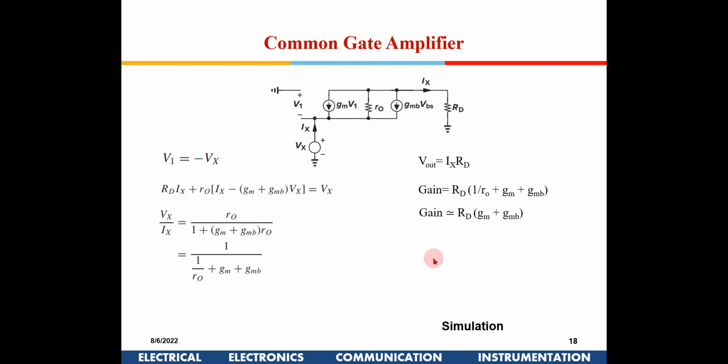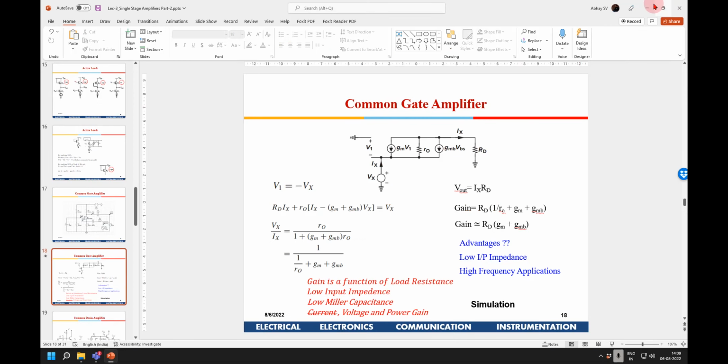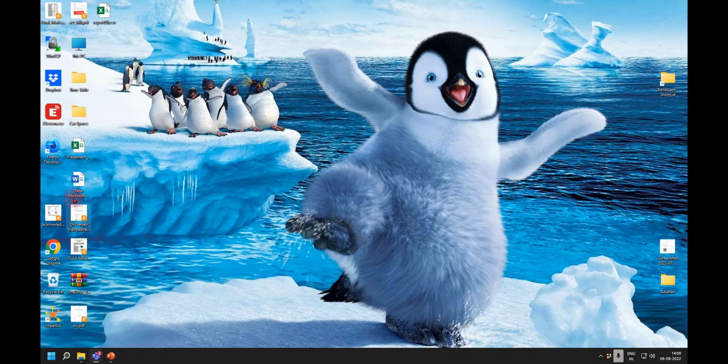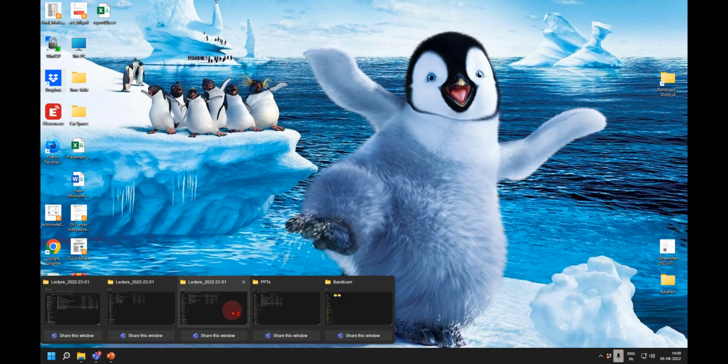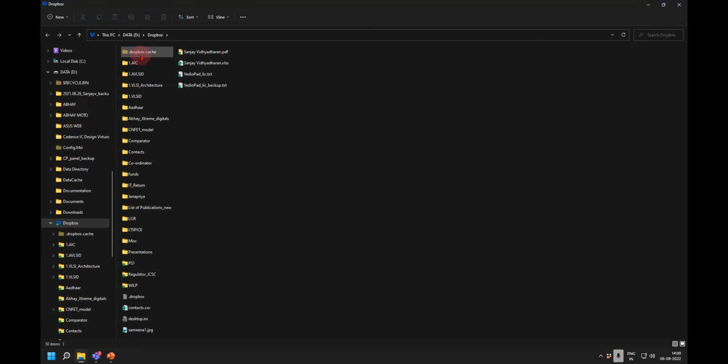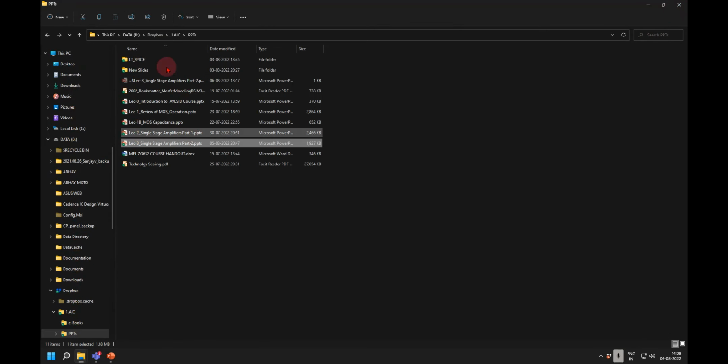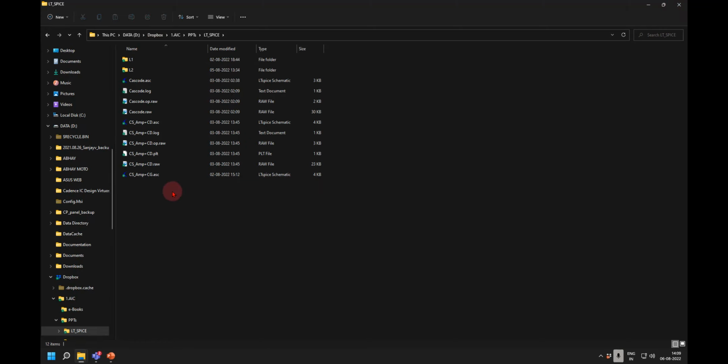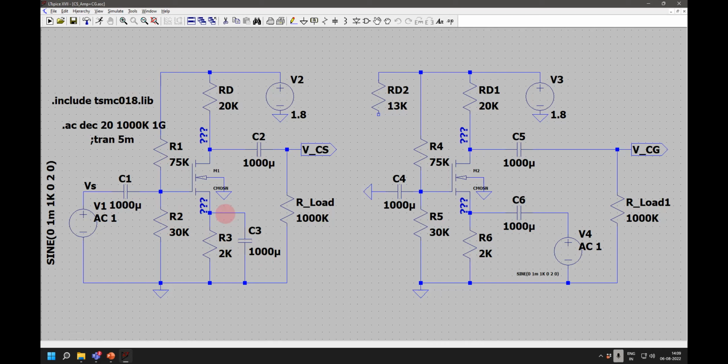Before proceeding further, let me show the simulation here itself so that we understand things better. I have made this CS amplifier.